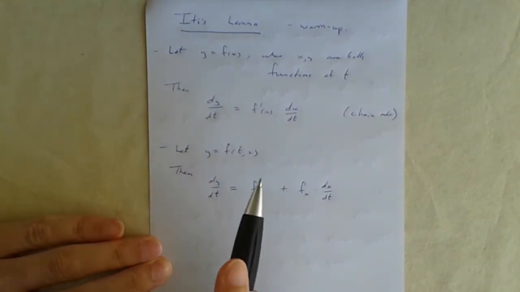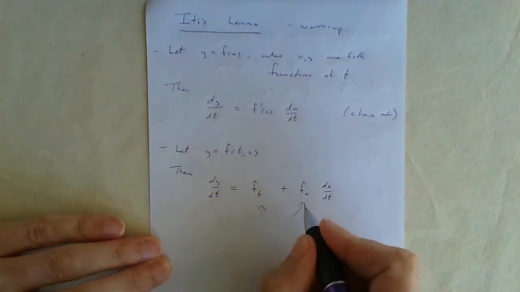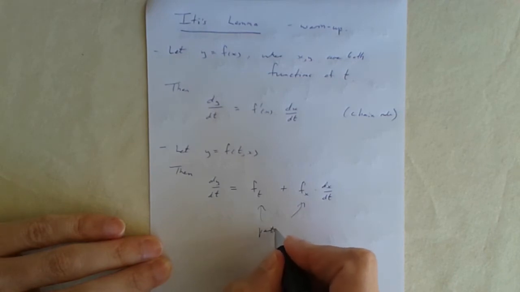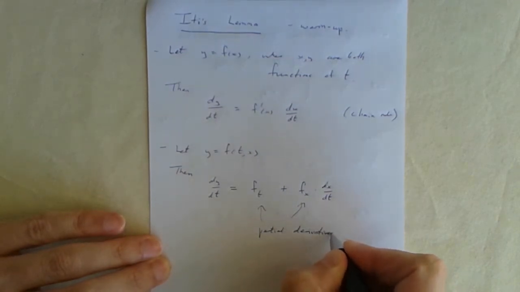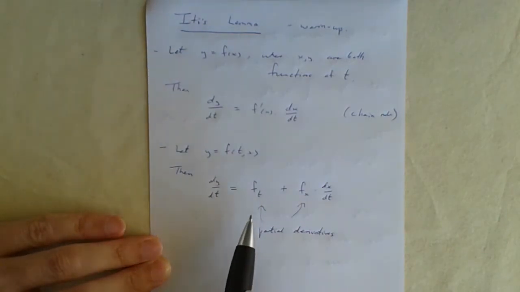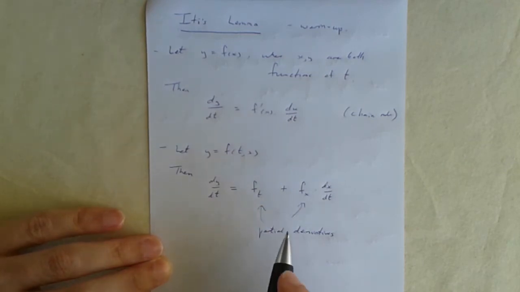Derivative of f with respect to t, that's what this is. The f sub t here and the f sub x are the partial derivatives: derivative of f with respect to its first variable and derivative of f with respect to its second variable.